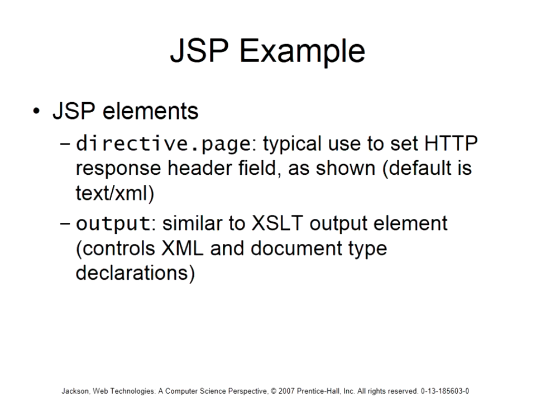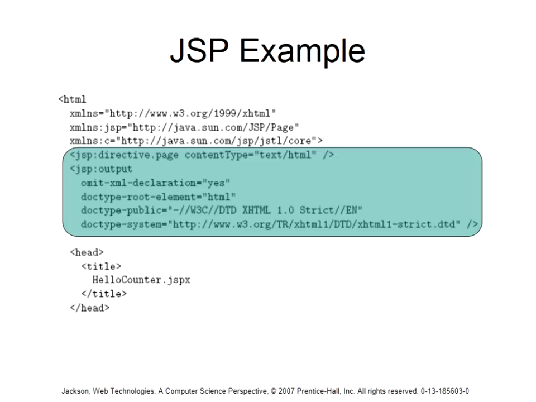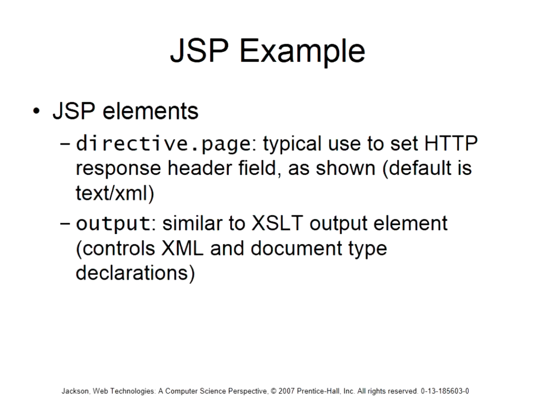As shown, the default is text/xml. So if we don't use this line in our example, the document will be an XML document. The default is an XML document. The output is similar to the XSLT output element, so it controls XML and document type declarations.